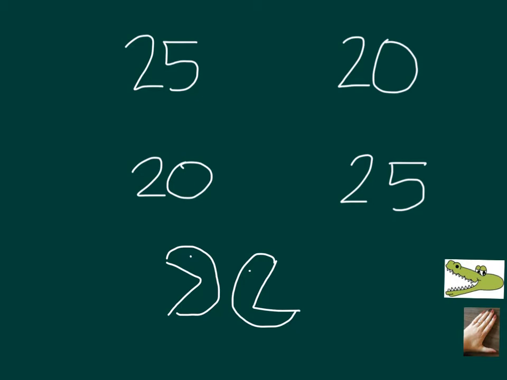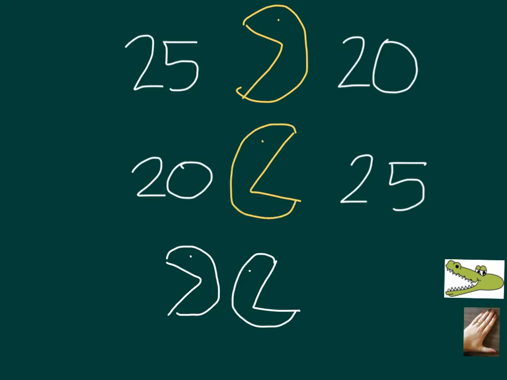For example, I need to think, is 25 bigger than 20? Well, I know that 25 is bigger, so I'm going to use the symbol that's pointing to the bigger number, so it almost looks like he's going to go eat that number. Down here, when I'm looking at 20 and 25, I need to ask myself which number is bigger. In this case, 25 was bigger. So my person, if I was pretending, is going to be eating that bigger number.